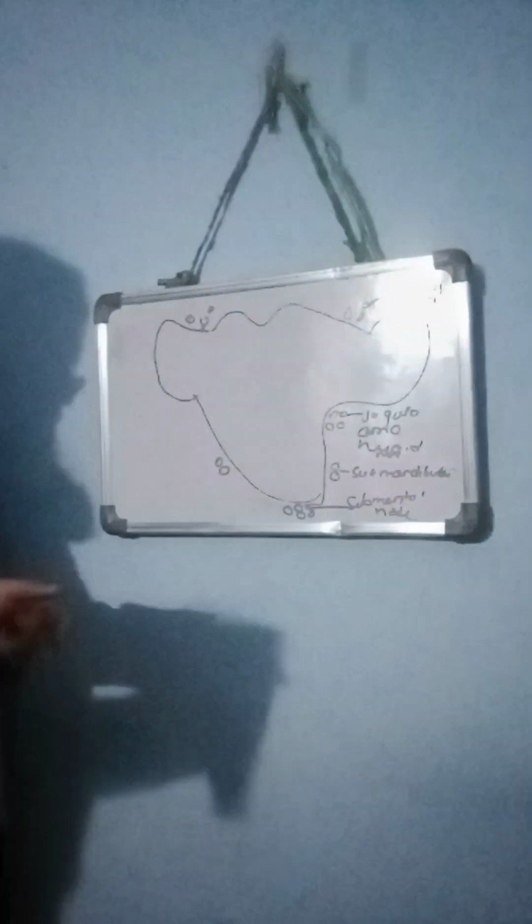Now coming to the nerve supply. We can understand nerve supply by tabular data that shows anterior and posterior most regions.